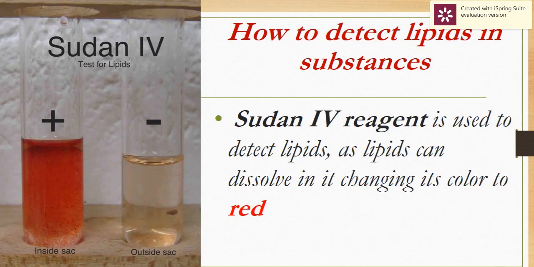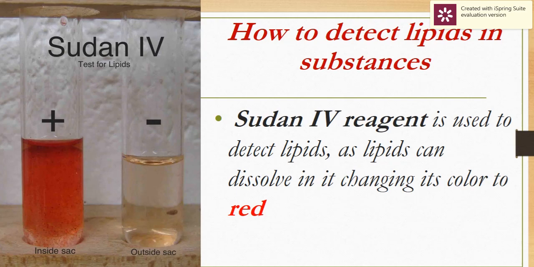Now we are going to see how to detect the presence of lipids in a substance. We can detect the presence of lipids by a special reagent called Sudan IV. Sudan IV is a stain that is used for detecting fats in different foods. The color of Sudan IV changes to red in the presence of lipids and fat.